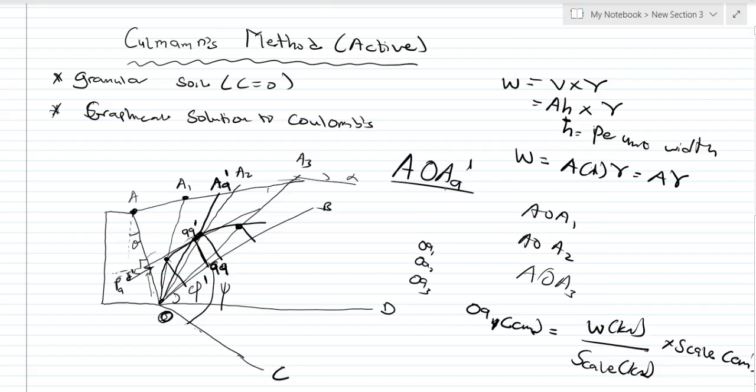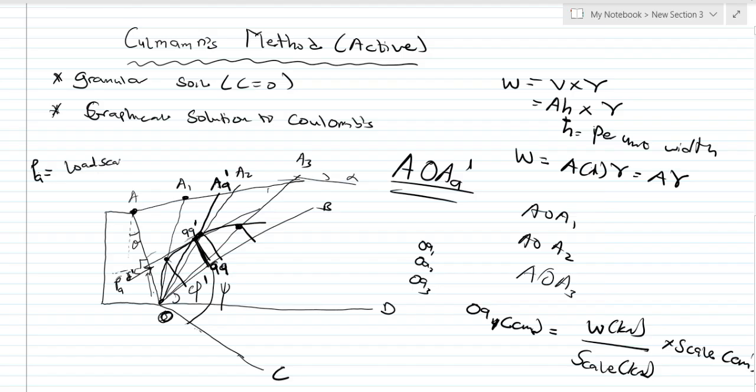In order to find your PA, you measure this line, this AA prime line. Assuming you measure this AA prime line, then your PA will simply be the load scale multiplied by the distance.